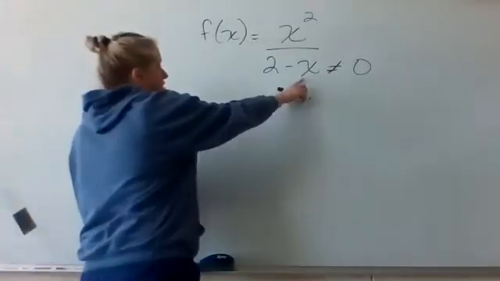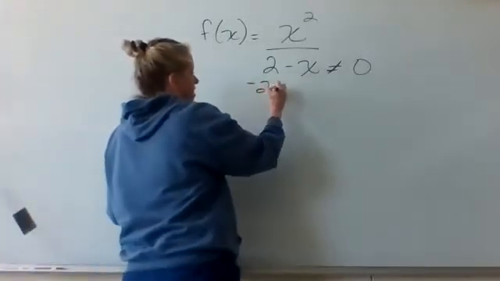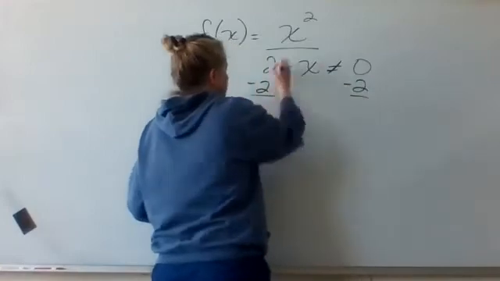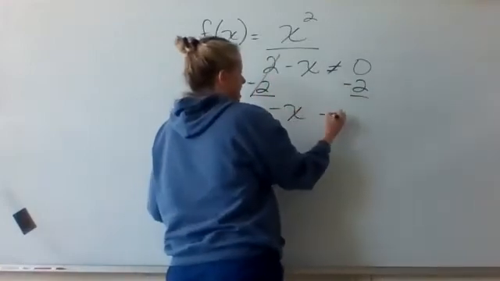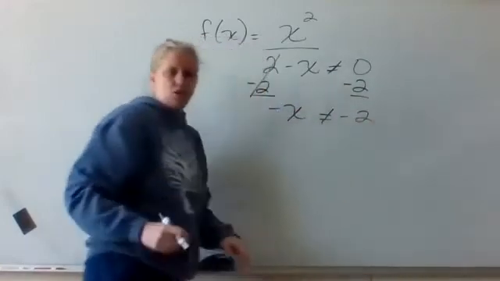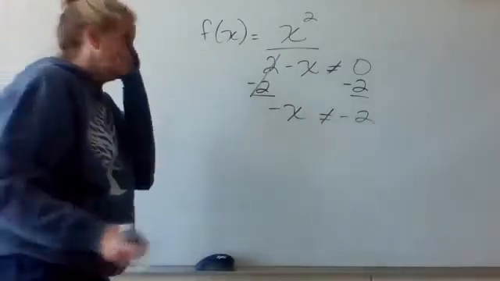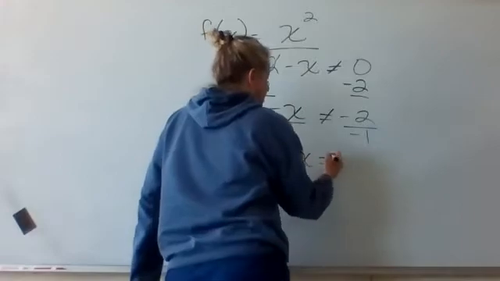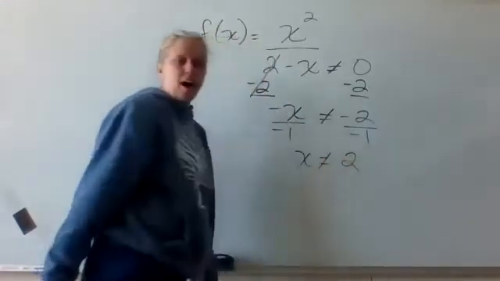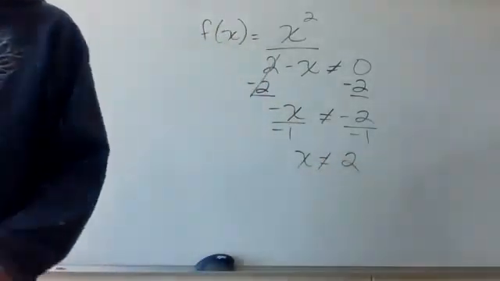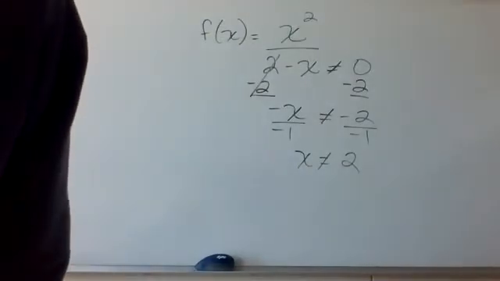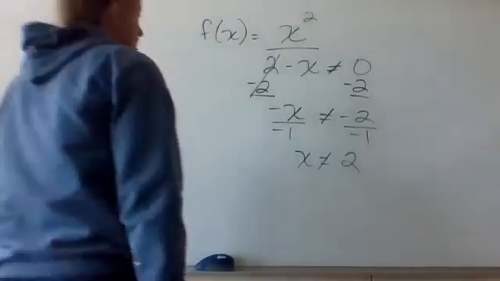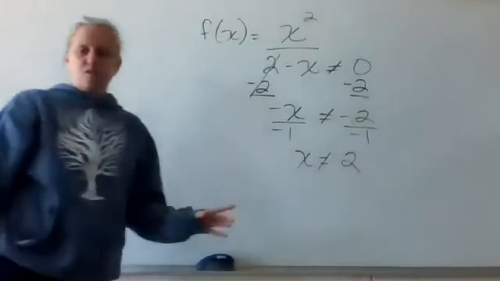Okay, so if I'm solving this for x, I would need to subtract the 2 from both sides. So negative x can't equal negative 2. And then divide both sides by negative 1. So x cannot equal positive 2. It's going to want you to put this in interval notation, right?